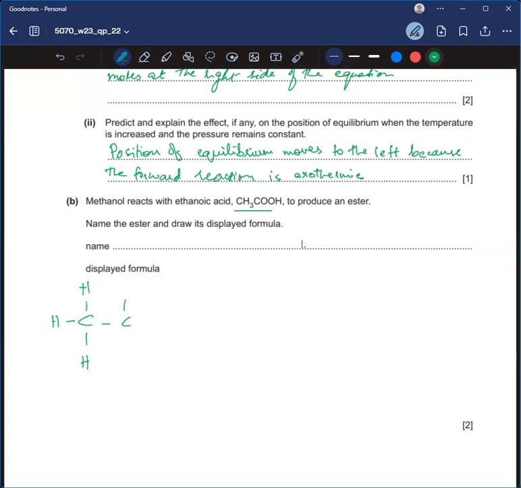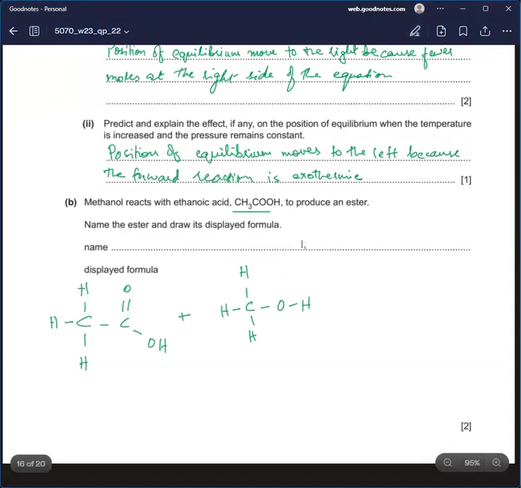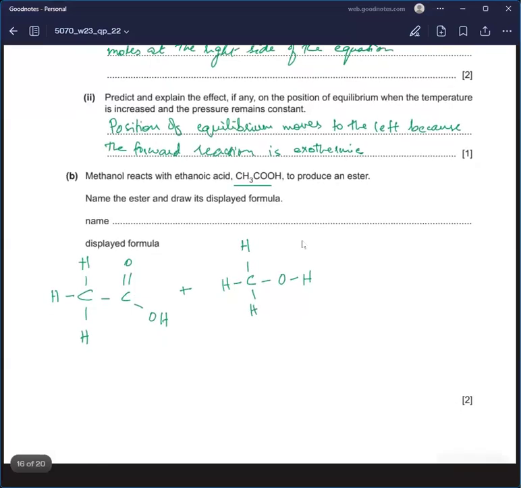We need to draw the product, which is the ester, but I'm drawing it just to explain how the mechanism works. So it's CH3OH.